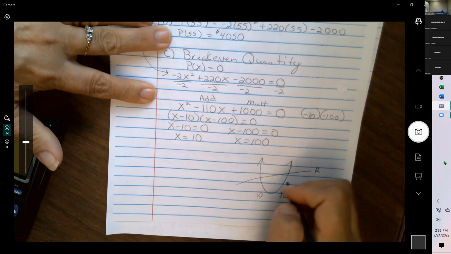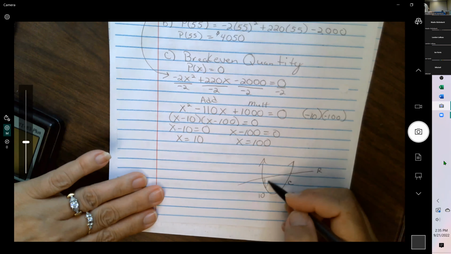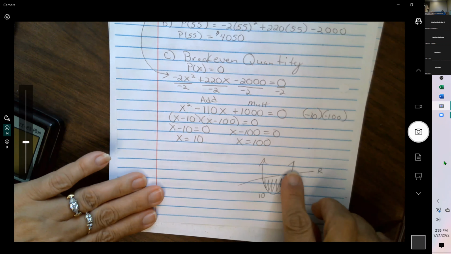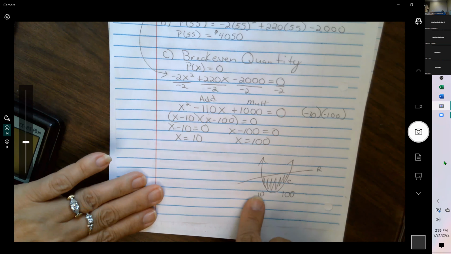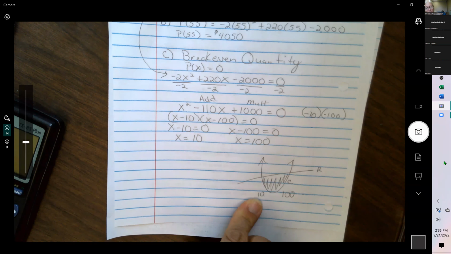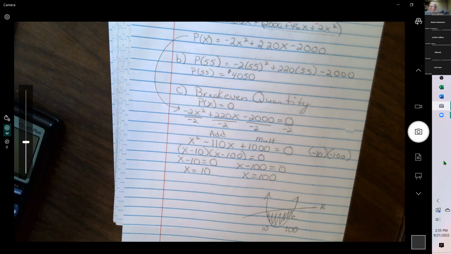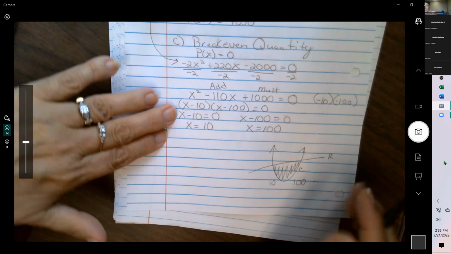Here is where we're making money, because the revenue is above the cost. So 10 is our minimum break even quantity. Did this one ask for minimum? Oops, I'm looking at the wrong part. No, it just said break even quantity. Most of the time we'll ask for minimum.